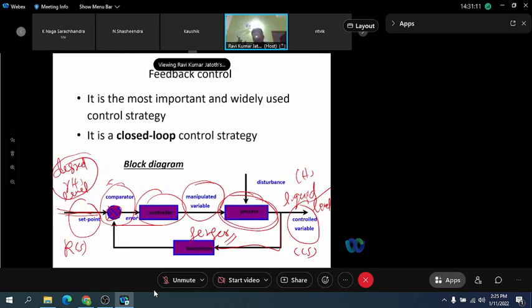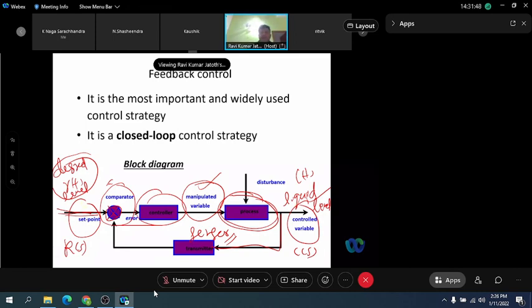The flow rate units are centimeter cube per second, meter cube per second. That is called the manipulated variable. The variable which we are changing to control the output is called the manipulated variable.